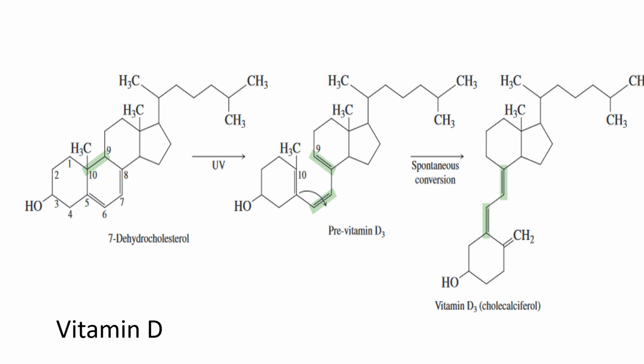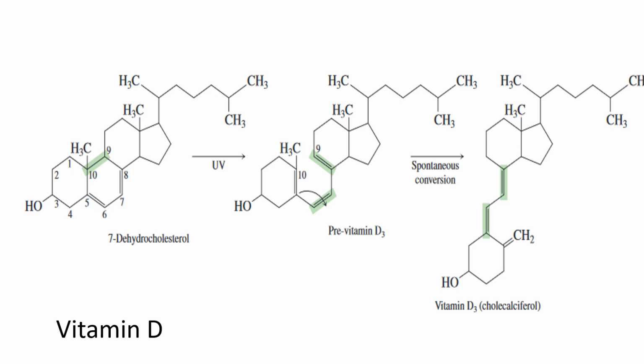Vitamin D. The two most important members of the vitamin D family of molecules are vitamin D3 or cholecalciferol and vitamin D2 or ergocalciferol. Vitamin D3 is produced in the skin of humans and animals by the action of sunlight or UV light on its precursor molecule, the cholesterol derivative 7-dehydrocholesterol, a normal metabolite of cholesterol found in the skin.